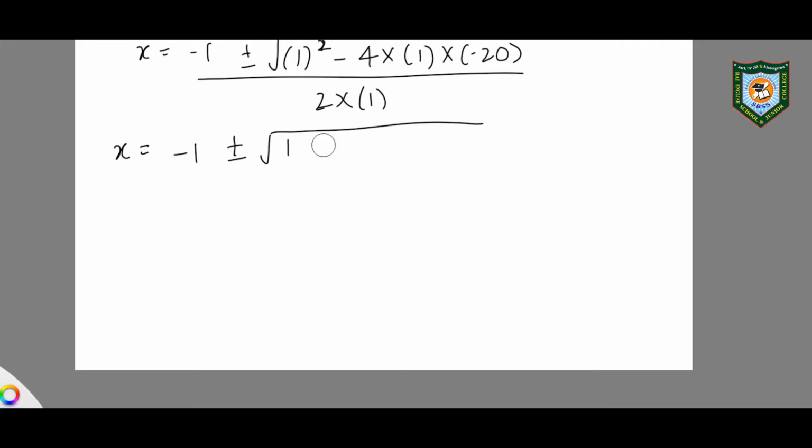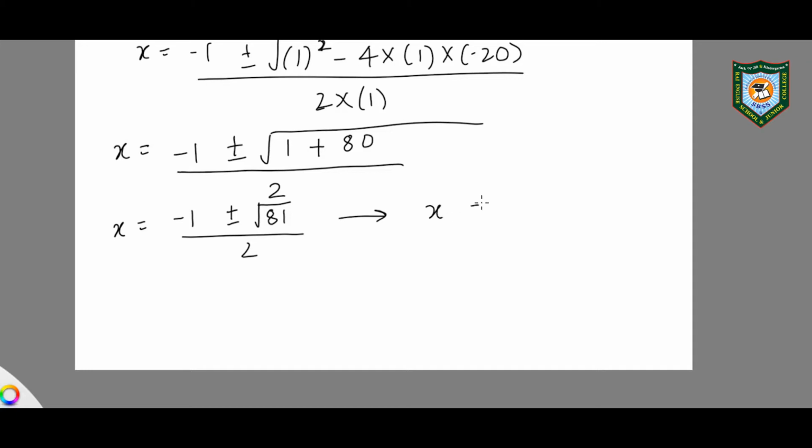So this becomes plus 80, divided by 2 into 1, which is 2. So x is equal to minus 1 plus minus under root 81 divided by 2. Now we know that 9 square is equal to 81. Therefore, under root 81 is equal to 9. So I can write x is equal to minus 1 plus minus 9 divided by 2.